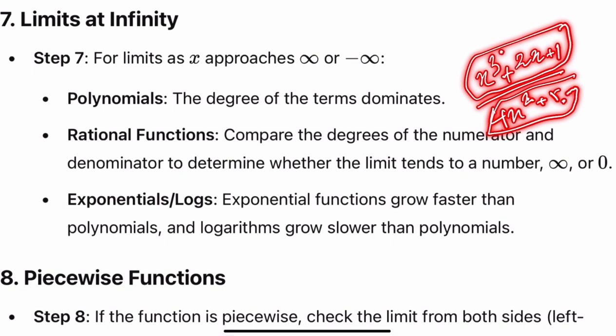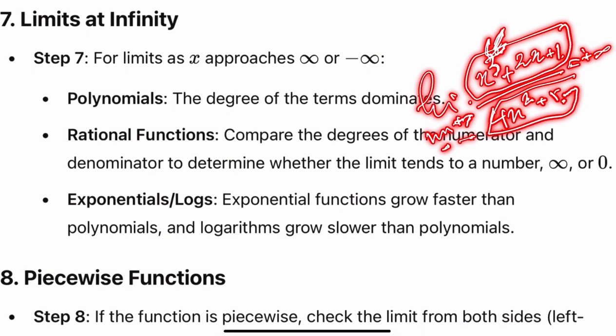So the limit of this function goes to plus infinity or minus infinity. If x goes to plus infinity, the limit will be plus infinity. But keep in mind the degree: if this is like 3 or 5 or whatever, it will be minus infinity.